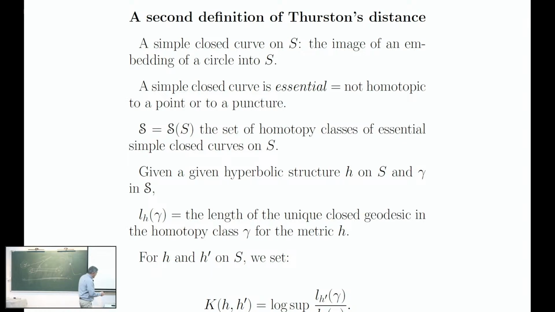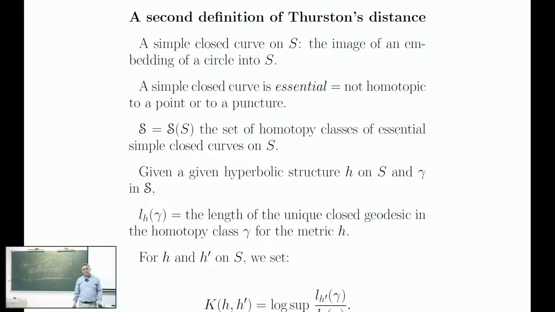And this also, I already talked about this set, script S. This is the usual notation. All the people working on this theory denote by script S the set of homotopy classes of simple closed curves.